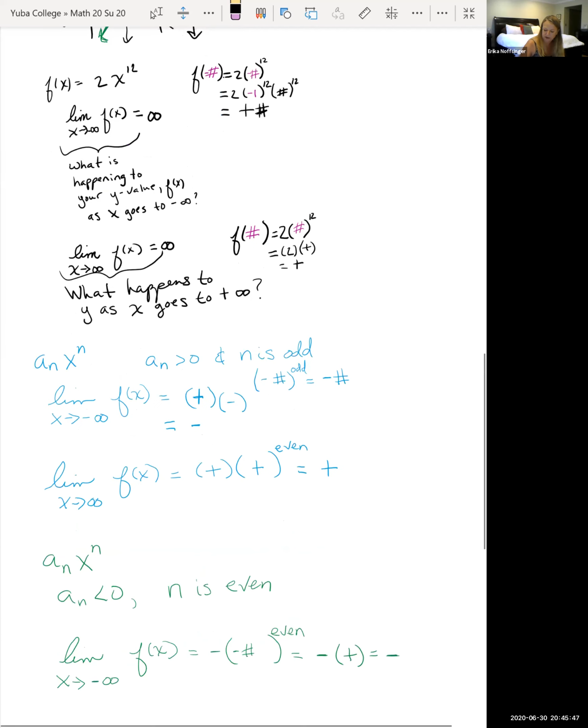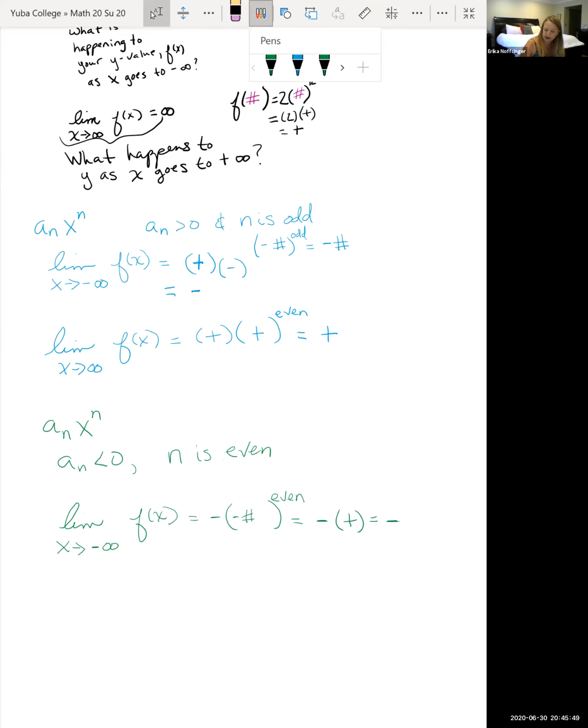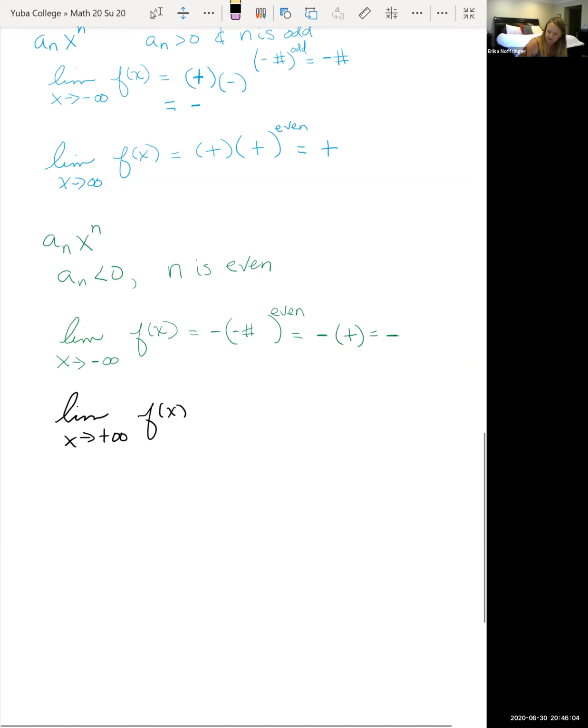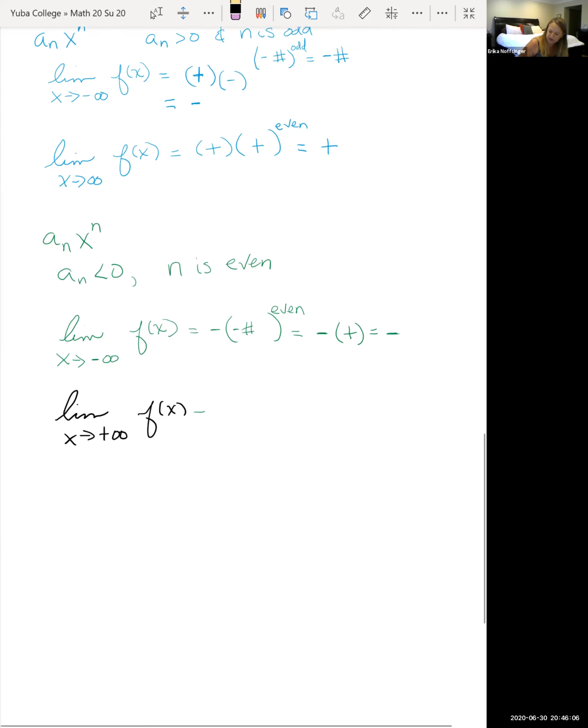And so do the same thing now when x is going to positive infinity. So limit as x goes to positive infinity of f of x. So negative coefficient in front still, because it's less than 0, and a positive number that we're plugging in for x, raised to an even power.